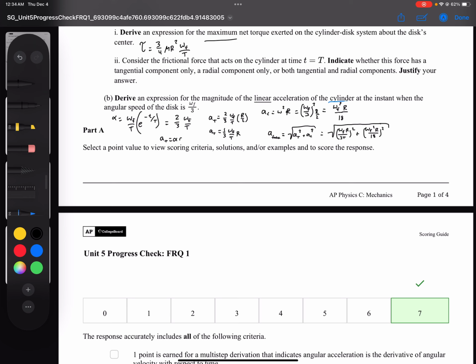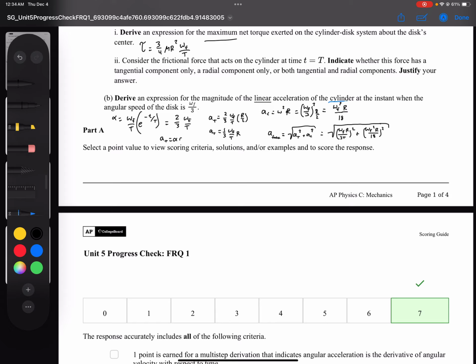Okay, now if I evaluate all of this, I'm going to end up with omega f squared times r squared over 9t squared plus omega f to the 4th times r to the 4th. This gets very tedious. I will show the algebra steps, but just be careful with them.